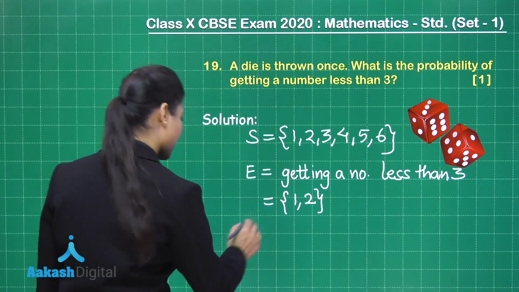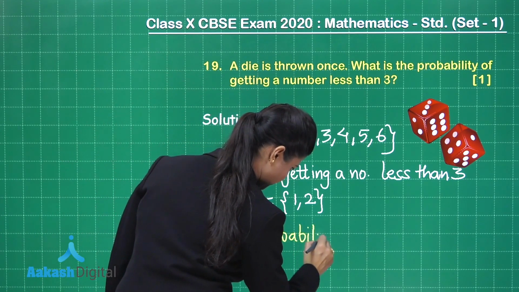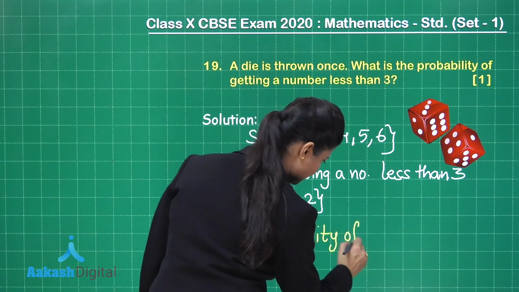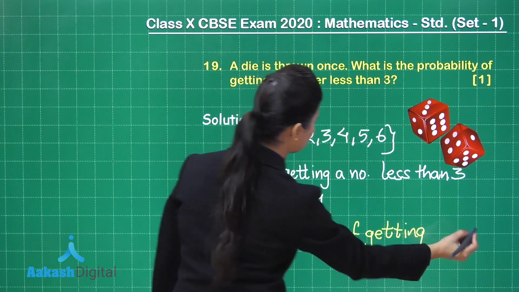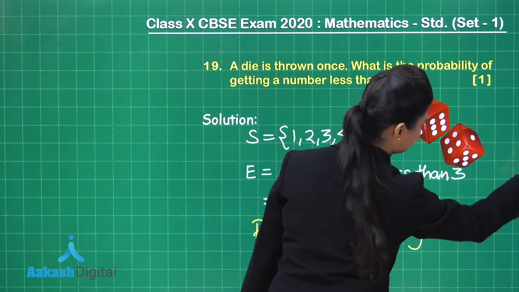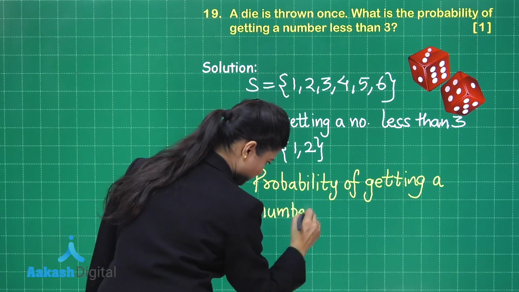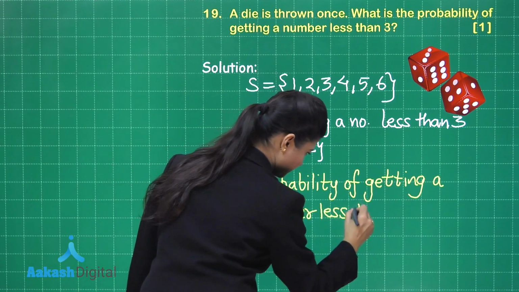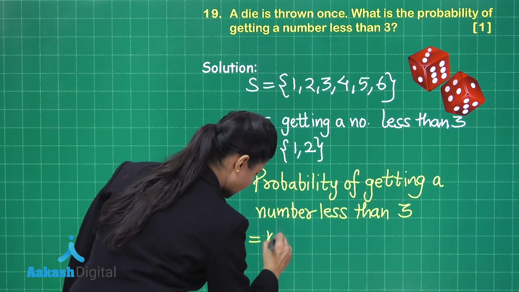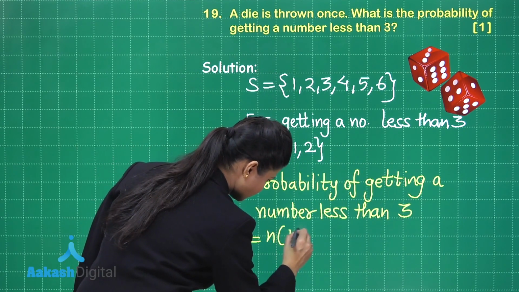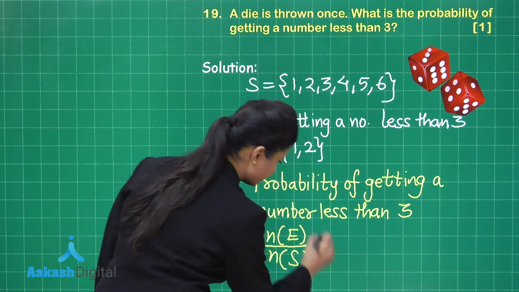So I can next write that probability of getting a number less than 3 is given by number of favorable outcomes upon total number of possible outcomes.